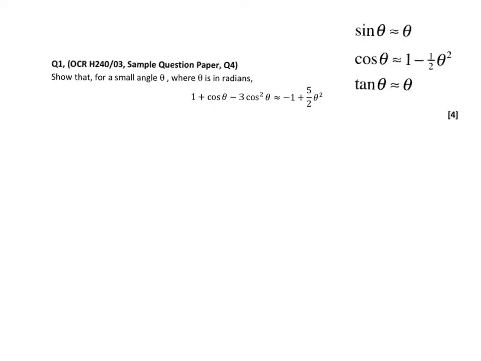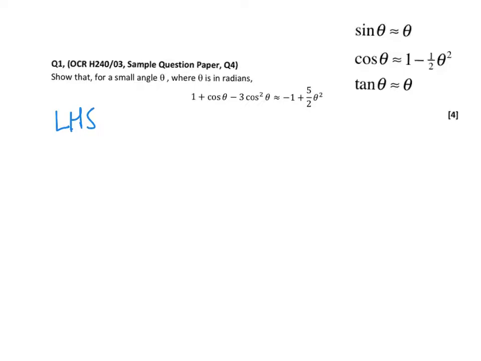Here's an OCR exam question to have a look at. So the left-hand side, which is 1 plus cos theta minus 3 cos squared theta, is roughly going to be negative 1 plus 5 halves of theta squared. We're going to have to show that. Again, it's a case of substituting and simplifying.